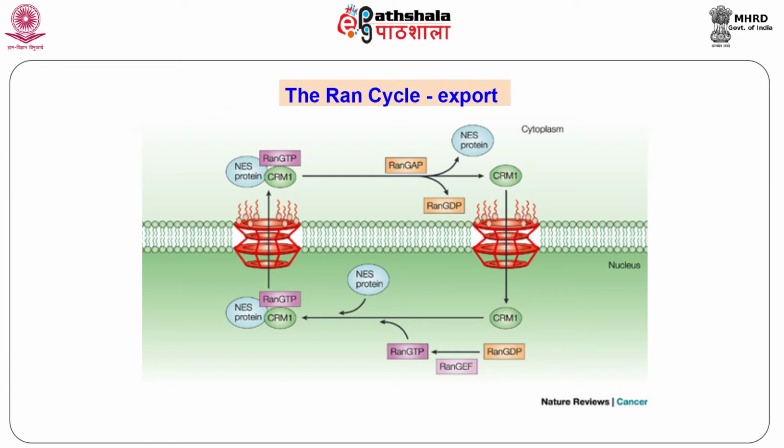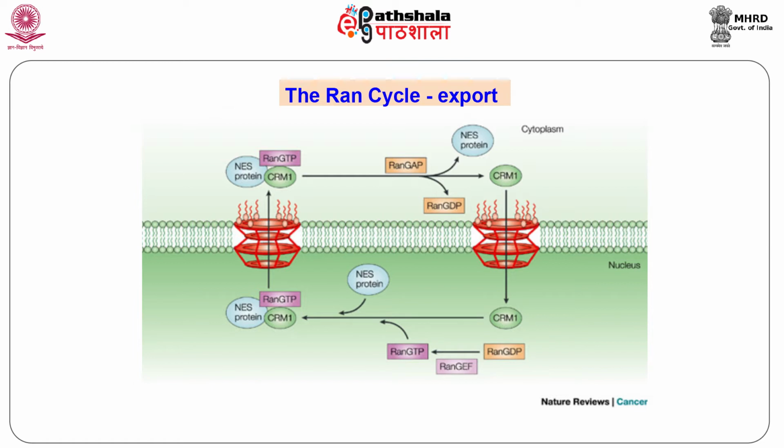It is an enzyme which stimulates hydrolysis of GTP to GDP outside the nucleus. Therefore, the cytoplasm shows high concentration of RAN GDP. Hydrolysis of RAN GTP to RAN GDP helps dissociation of the cargo protein CRM1 RAN GTP complex.